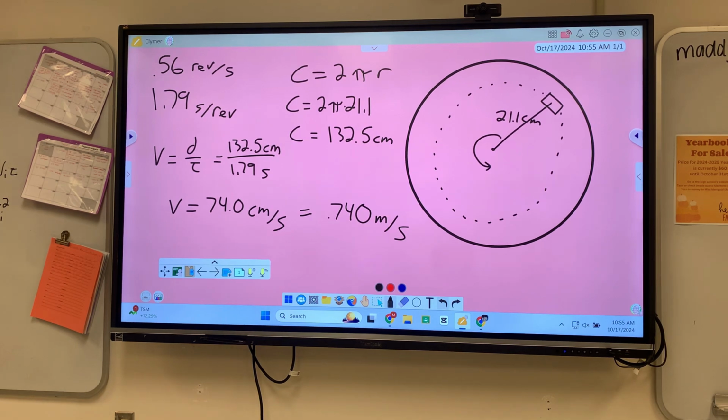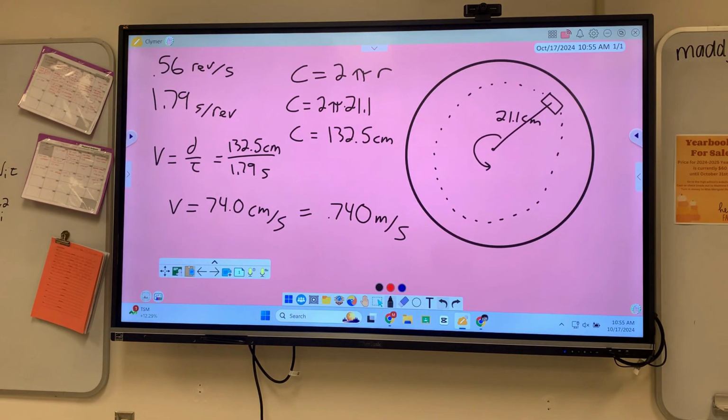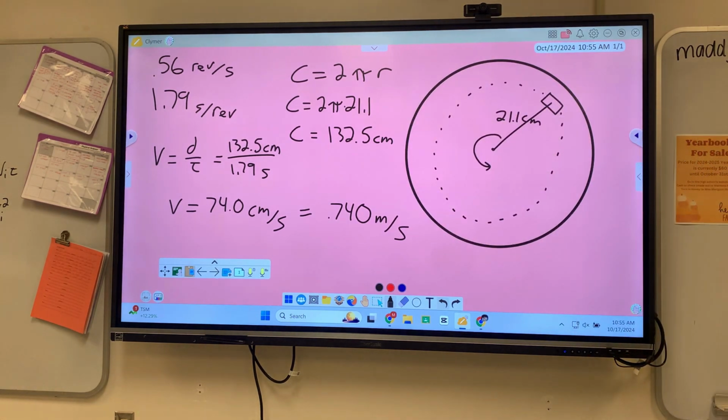Now, when and if a question like this were to show up on, say, a quiz tomorrow, just hypothetically, I'm going to expect all of this stuff. Depending on what data you might get, I'm going to want all of this, including a drawing of what we're talking about with things labeled like the radius or whatever.